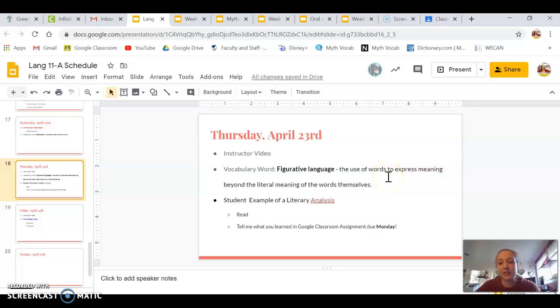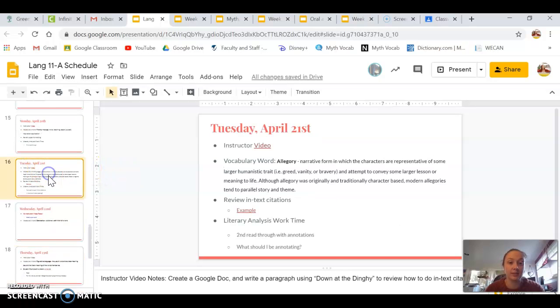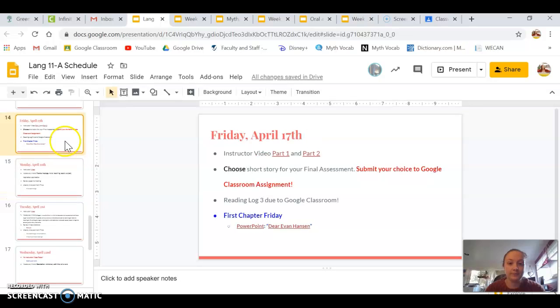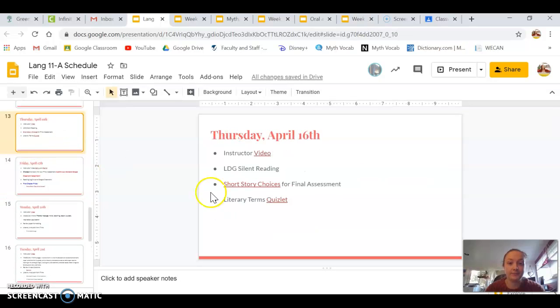There's many different types of figurative language that we've talked about, such as symbolism, and we've talked about, every time I want to make a list for you guys, my brain freezes. We've talked about figurative language before, and I've given you that document, which has a lot of those words in there. If I can actually find it.